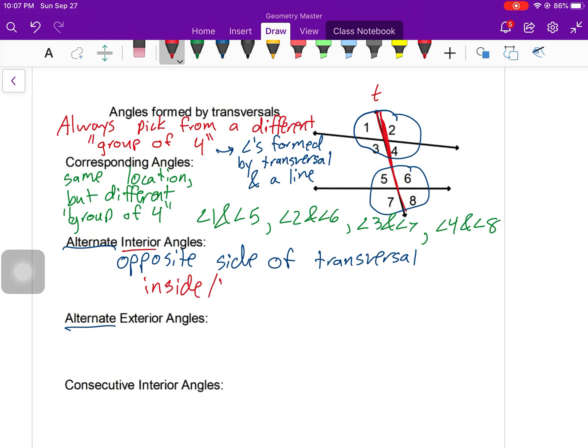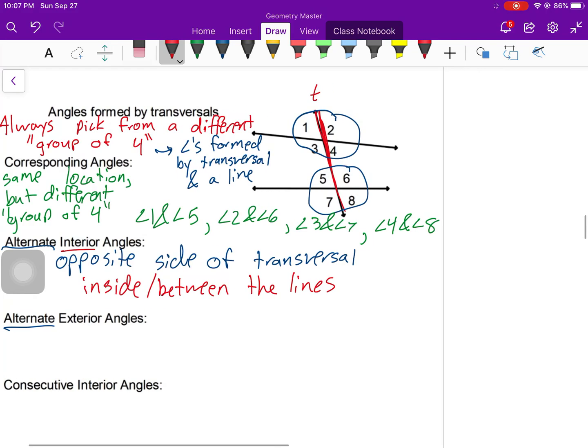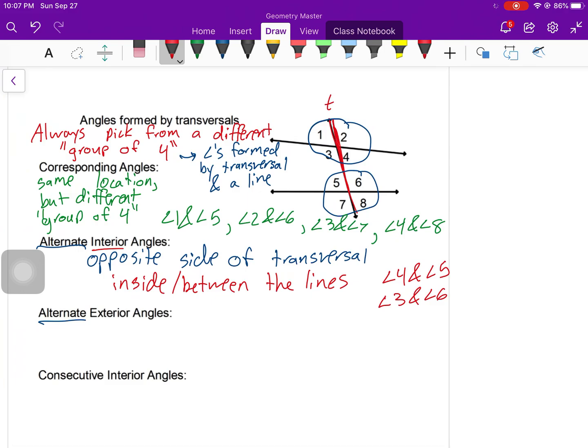Interior means inside or between. There are two E's there before the end. Inside or between the lines. So my alternate interior angles are angle 4 and angle 5, or angle 3 and angle 6. Okay, they are between the lines. When I'm saying between the lines, I mean between those lines right there. Okay, not the transversal, but the other two.